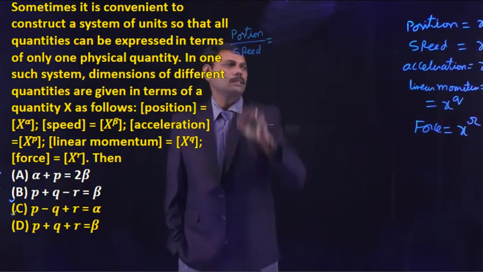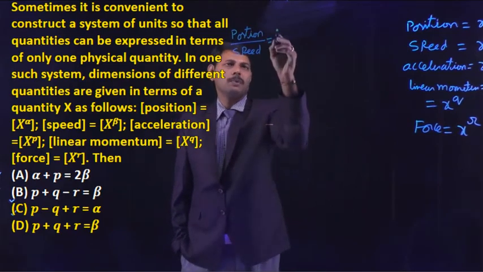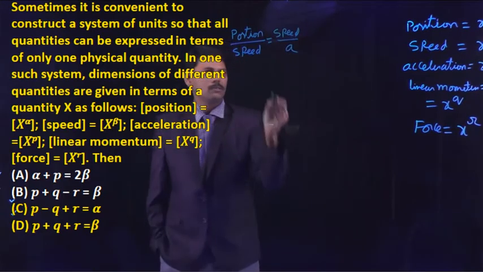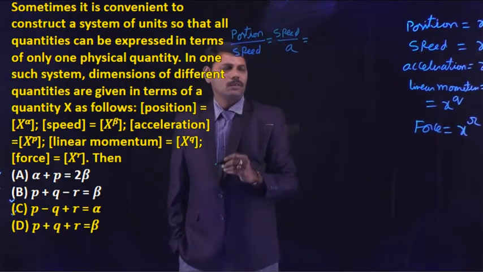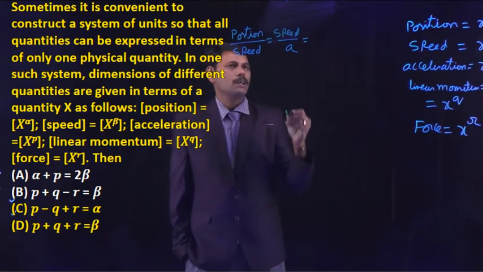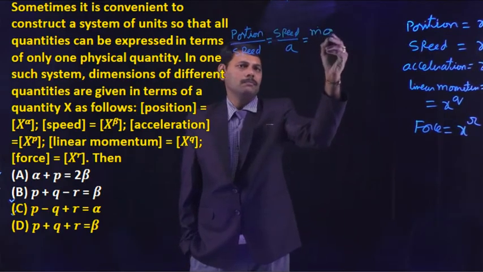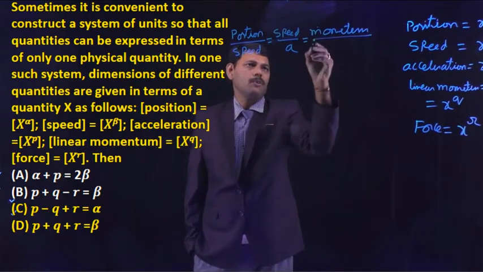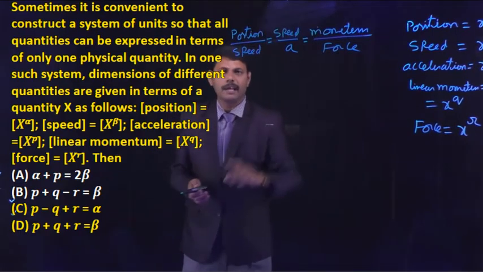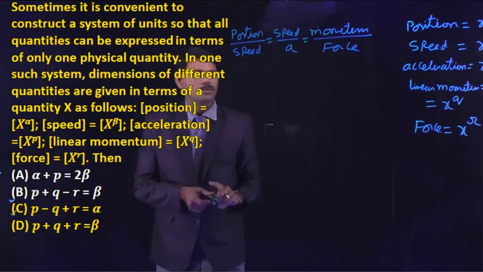Acceleration is the rate of change of velocity, so speed by acceleration is also time. Force is the rate of change of momentum, so momentum divided by force is also equal to time. So according to the basic definitions, position by speed, speed by acceleration, and momentum by force are all equal to time.